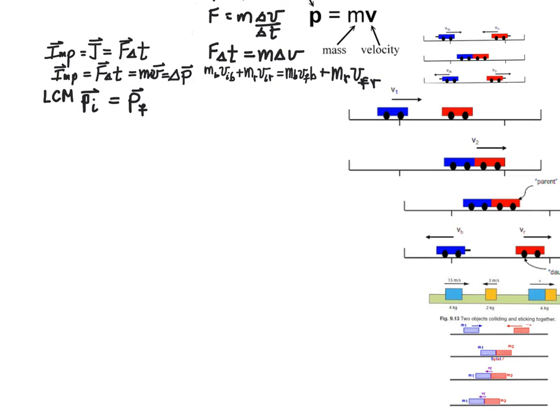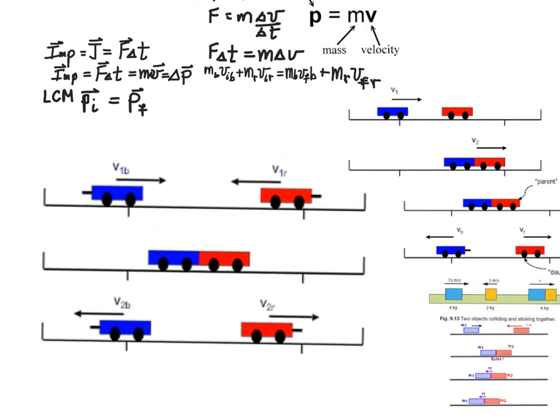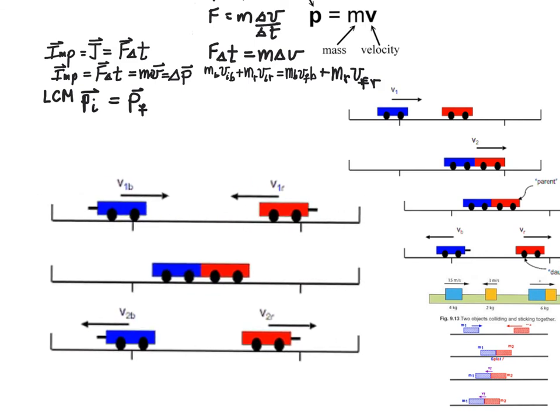Okay, so we're studying collisions, and we have the four equations. And what we're going to see is there'll be a wide variety of collisions that we're going to look at, but there's two major types. So let me show you the first one I showed you last time. This is a collision where the two carts come together, collide, hit a spring, you can't see the spring, and then they go off in opposite directions.